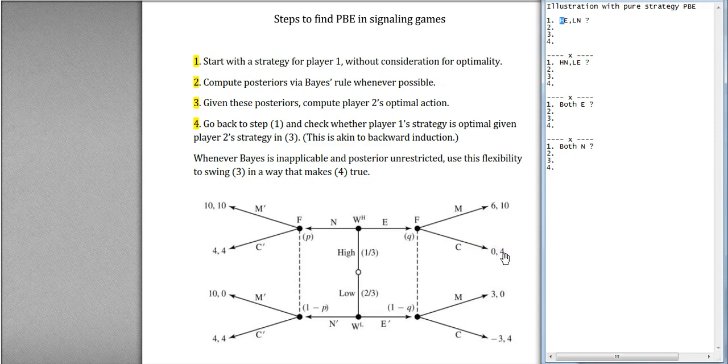And for me, the firm, therefore 10 is better than 4, I choose manager. All right, so we've computed the posterior upon observing an educated job applicant. And that was for sure this is somebody who's high ability type. And then given that posterior, we've computed player 2's optimal action. The firm will choose to make somebody who's educated a manager.